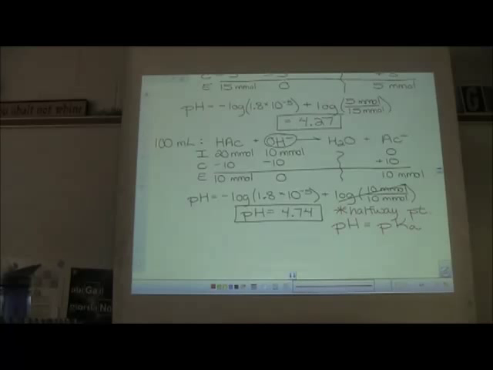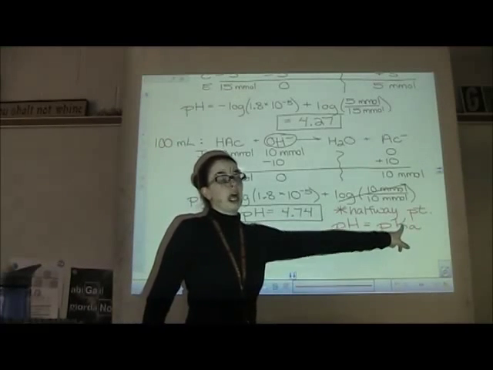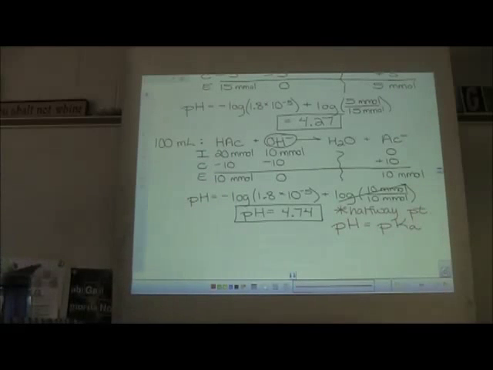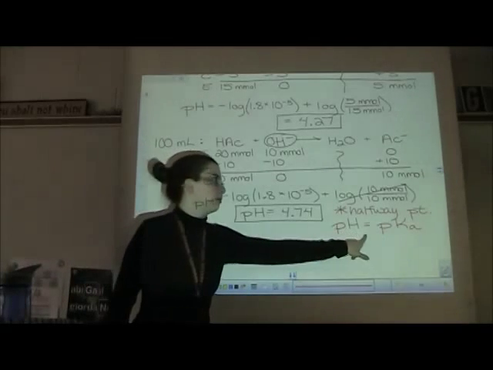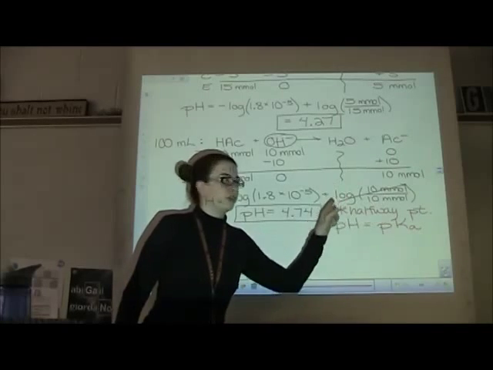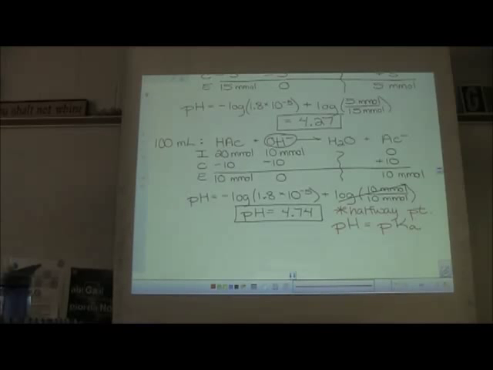I'm telling you right now, knowing this is going to be really helpful whenever we take our next test. Sometimes you'll be presented with a problem where they will simply tell you right from the beginning a titration has reached its halfway point. And then they're going to give you all this extra information that you'll think you need to do a long problem. Actually, if you can just remember that fact, if they're telling you it's at the halfway point and you have a Ka value, that is a very quick problem.